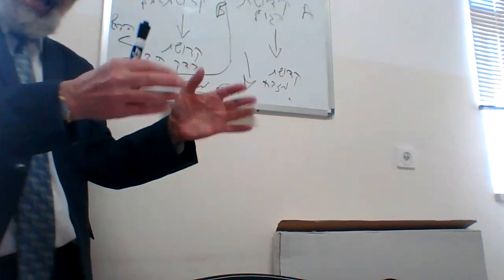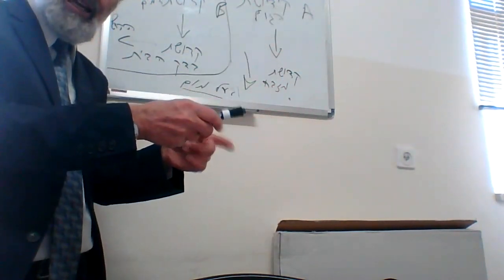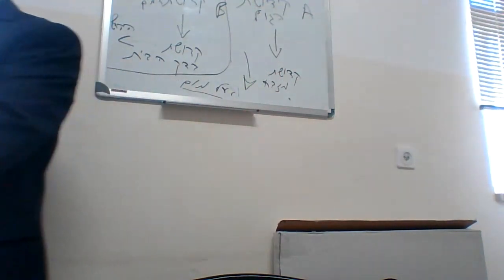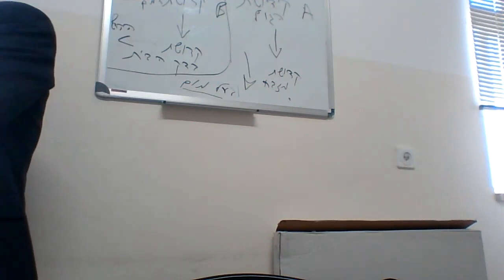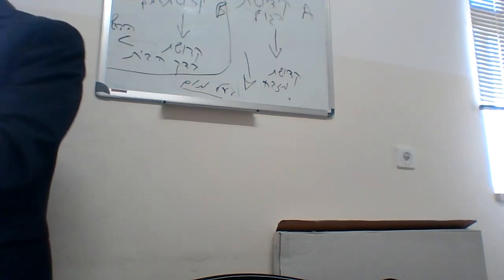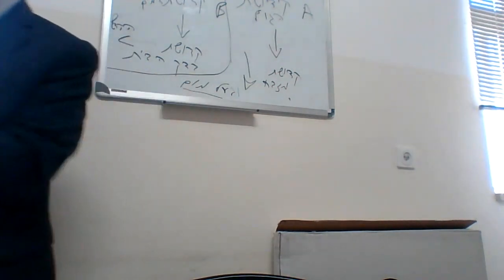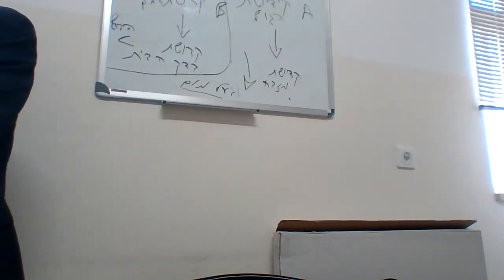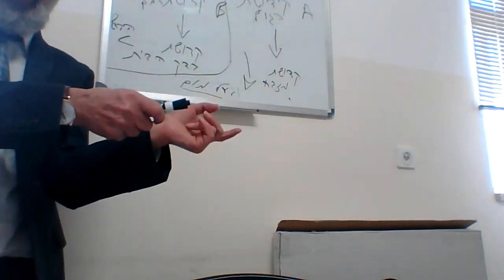So again, I have an animal that's Hekdesh LeMizbeach, and I have an animal that's chulin, and I point to it and I say, Harei zu temurah zu. This one, the chulin, should be a replacement for this one.